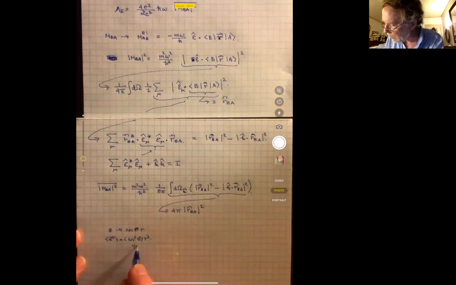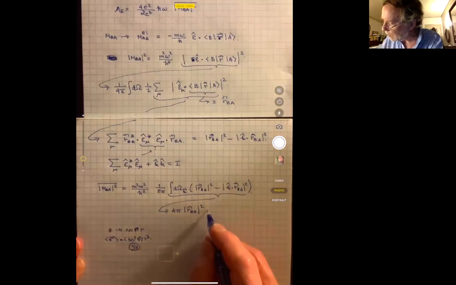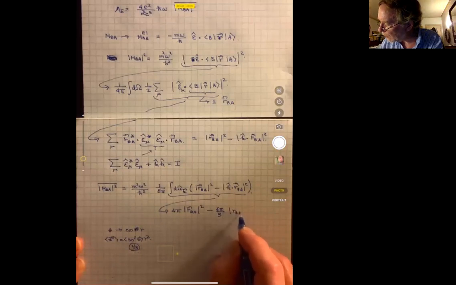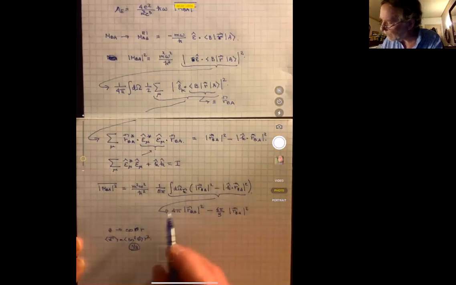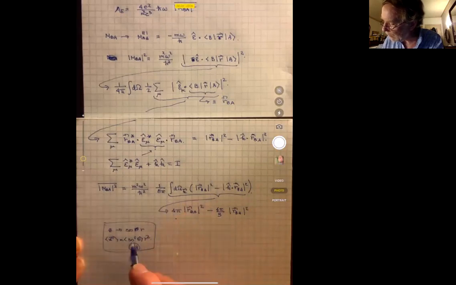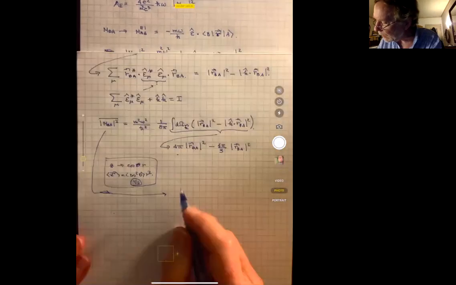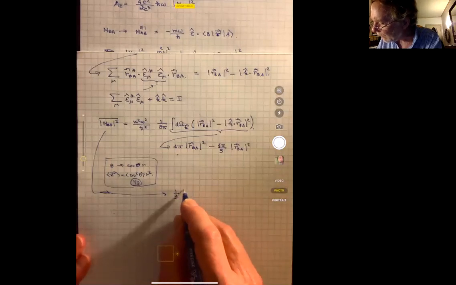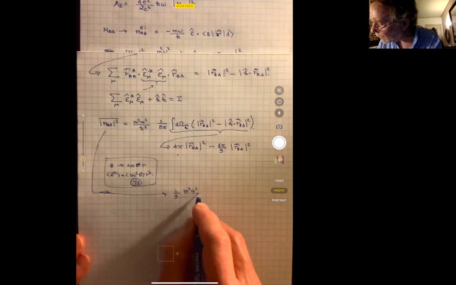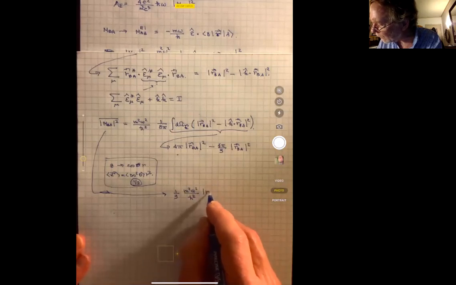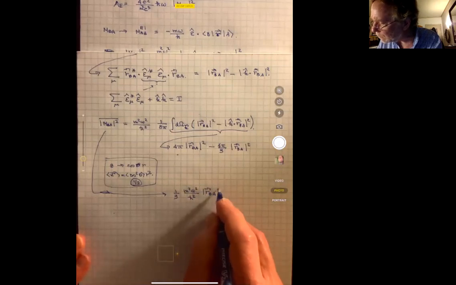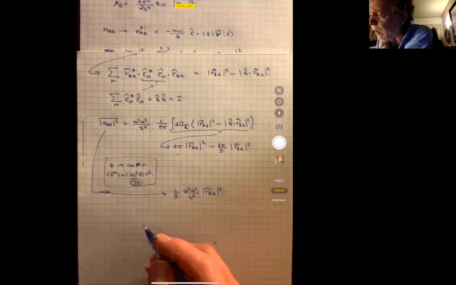But the average of cosine squared theta over the sphere is 1/3. And so this turns into a minus 4 pi over 3 times the same RBA vector squared. It's possible to do this angle averaging without too much trouble, and this is what you get when you do it. So 4 pi minus 4 pi over 3 is the same thing as 8 pi over 3. The 8 pi denominator cancels, and this turns into, finally, 1/3 of m squared omega squared over h bar squared times the absolute value of RBA squared. All right, so that's the square of the matrix element, MBA squared.